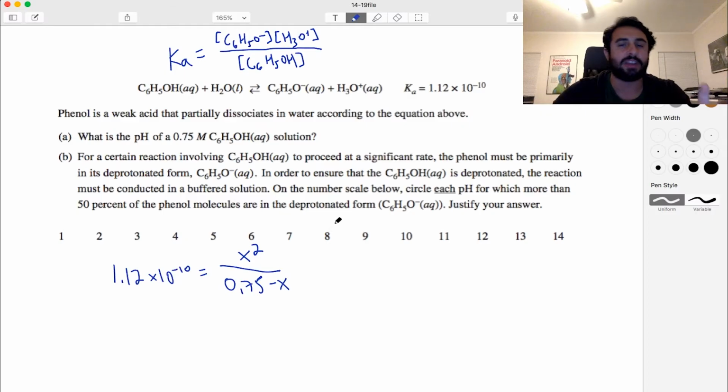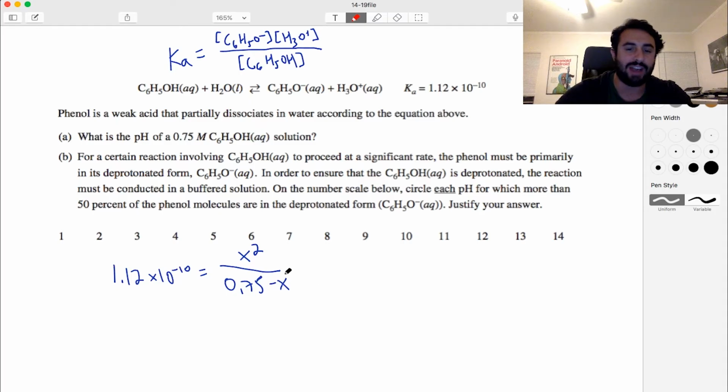Now the thing is, we can make one simplifying assumption, and that is this: you look at the Ka. The Ka is very, very, very small. It's about 1/10 billionth. That means very few of these molecules are going to act as an acid, and because Ka is so incredibly small, 0.75 is not going to change much.